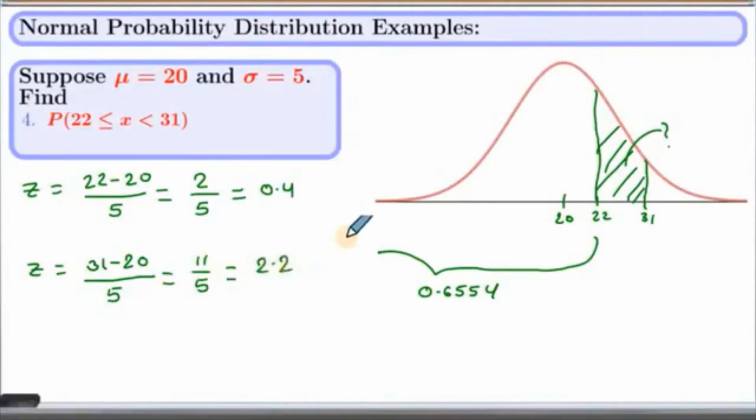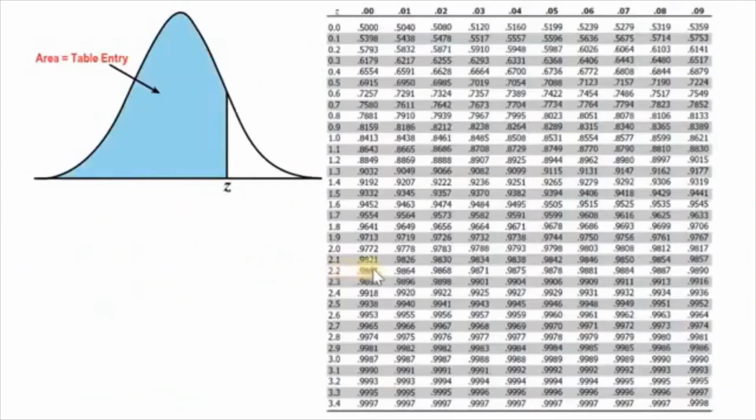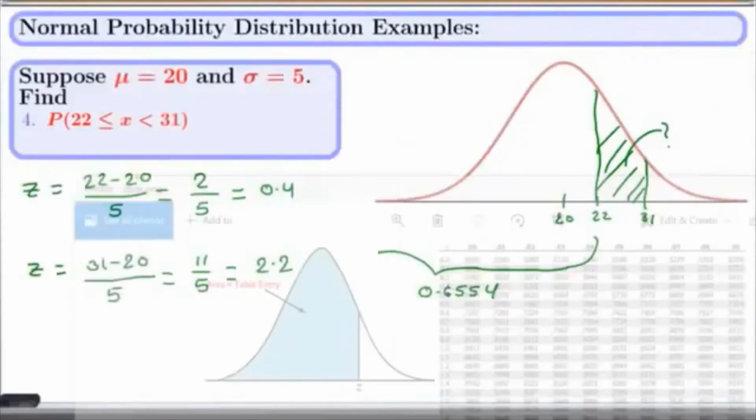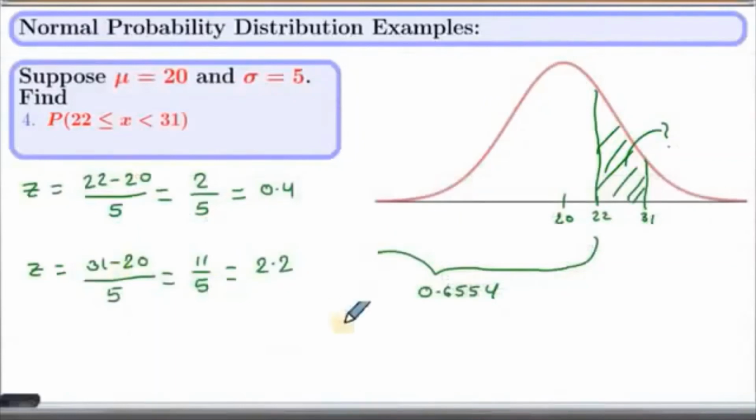Now, let me pull up the table again. Look at the row of 2.2 and column of 0.00. So the value here is 0.9861.